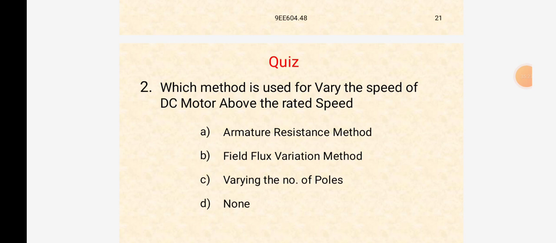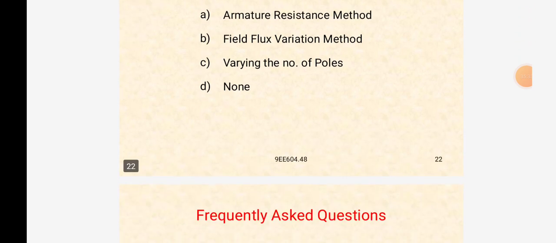So above the speed means it works by varying the field flux method. Field flux method is used for above rated speed.